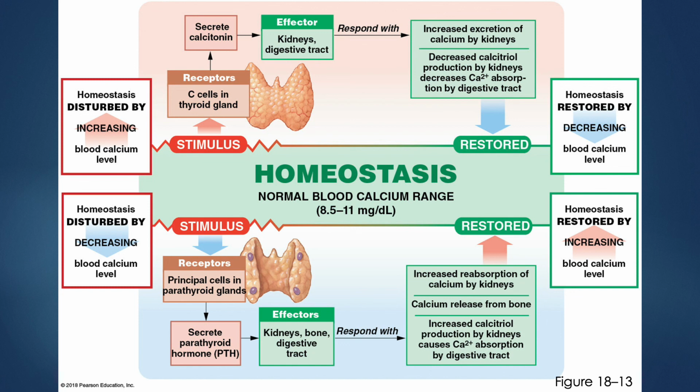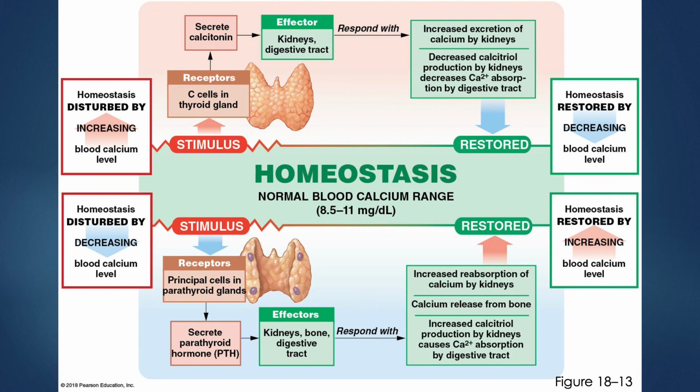The response is that the receptors in the C cells will detect that we actually have a high calcium level in our blood. As a result, those C cells will secrete calcitonin. Remember, those are our clear C cells secreting calcitonin. When they secrete calcitonin, the effect on the kidneys and digestive tract is that it increases the excretion of calcium by the kidneys, so we can get rid of some of that excess calcium by urination.